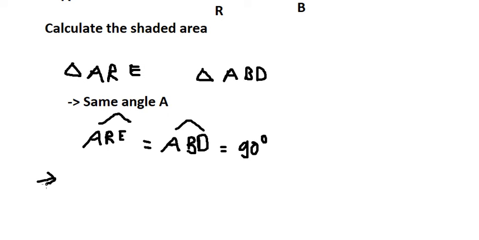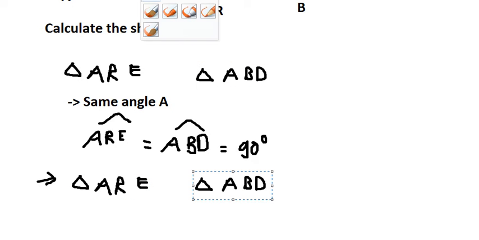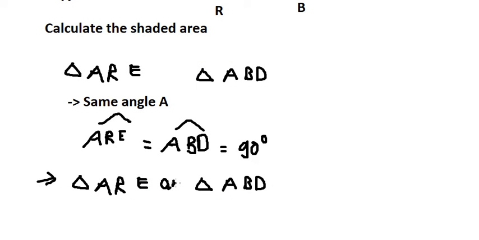So we can say that the triangle ARE and the triangle ABD, they are similar. That is about angle.